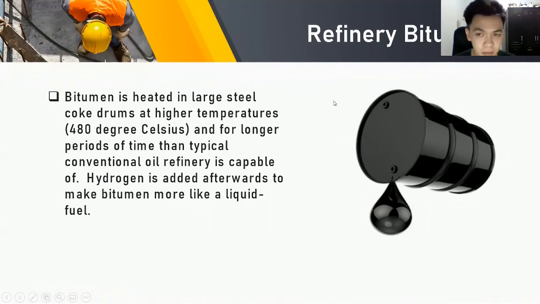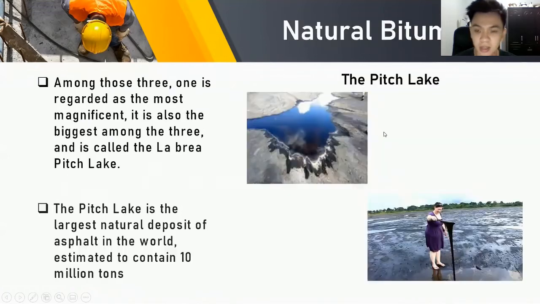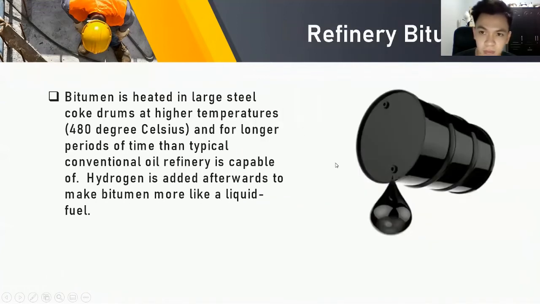So si bitumen, pag ni-refine siya, pinapainit siya sa coke drum na 480 degrees Celsius. Tapos, nilagyan ng hydrogen. It's added afterwards to make the bitumen more like a liquid fuel. So, nakalagay na siya sa galon. Malinis na yan. Hindi kagaya nito, kinukuha dyan. Pag kinuha dyan, nilalagay sa galon, nire-refine. Okay, so yun lang ang report ko. Sana may natutunan kayo. Thank you.